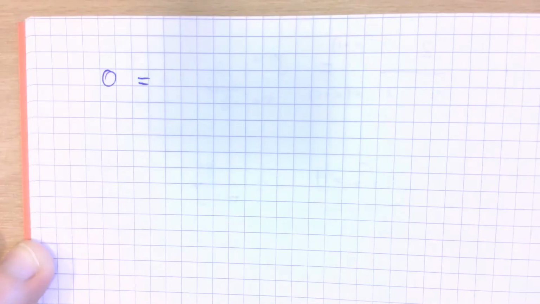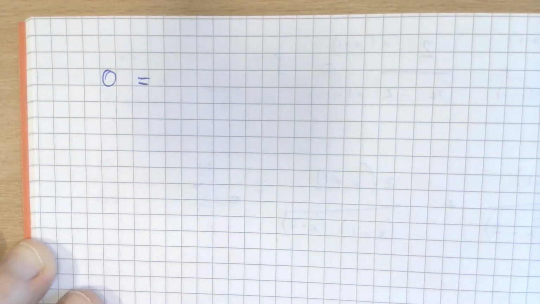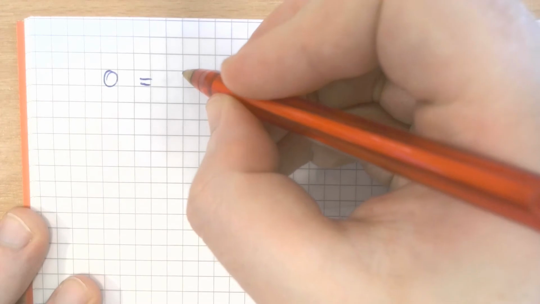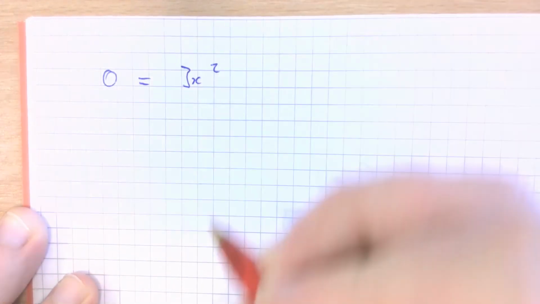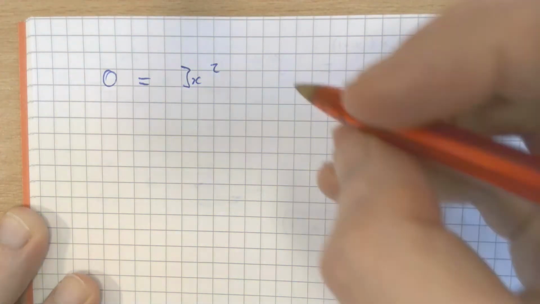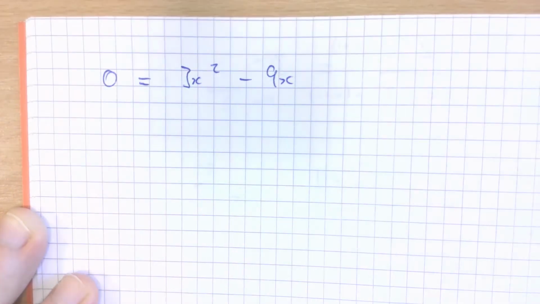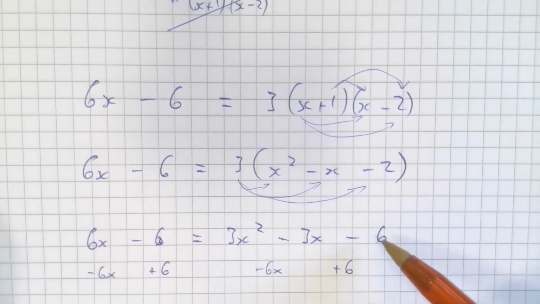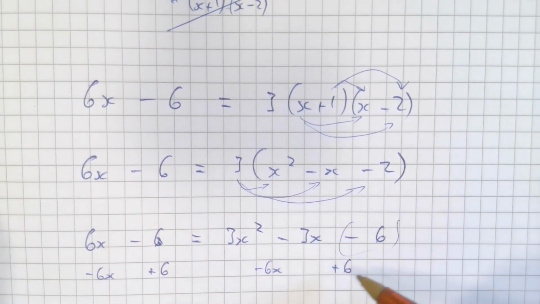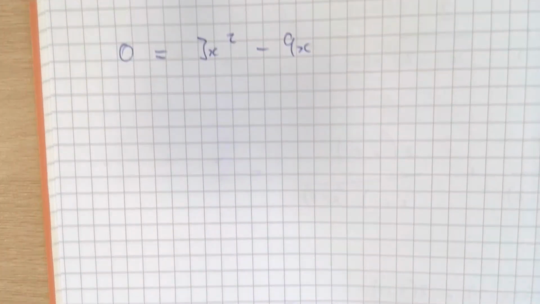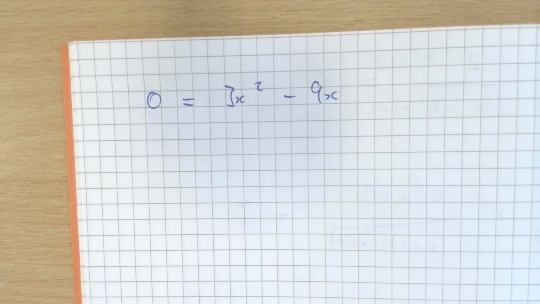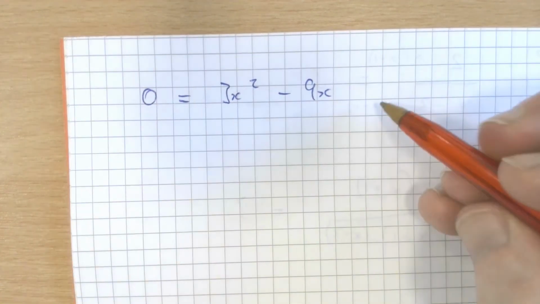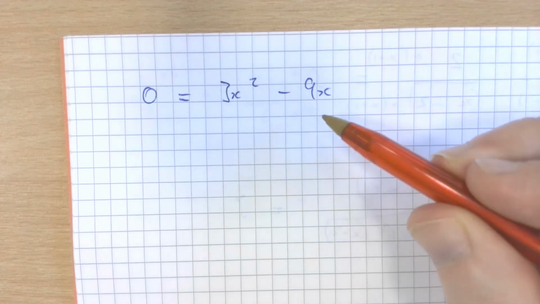What we should get is 0 equals 3x squared, and then negative 3x take away 6x is minus 9x, and this negative 6 is having 6 added on to it, so this cancels. So we end up with 0 equals 3x squared minus 9x, which is relatively straightforward to factorize and solve.